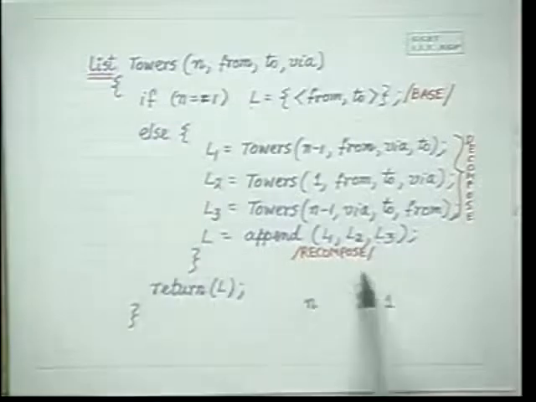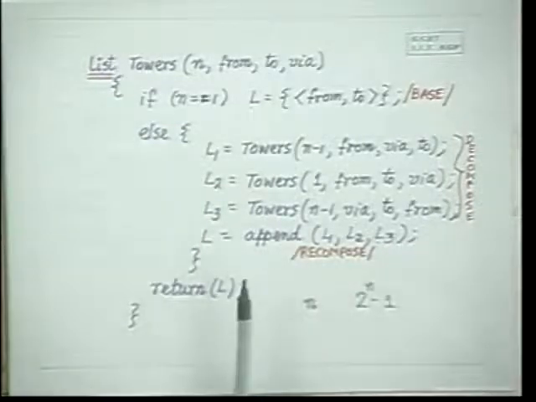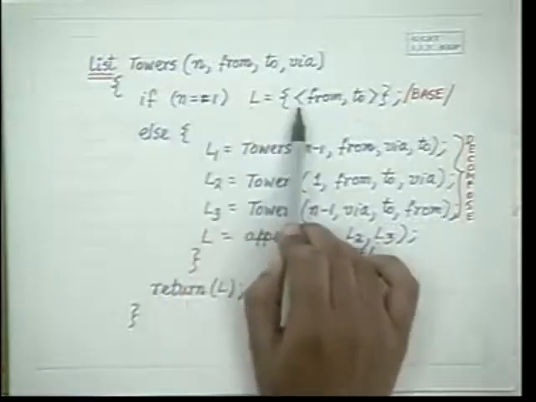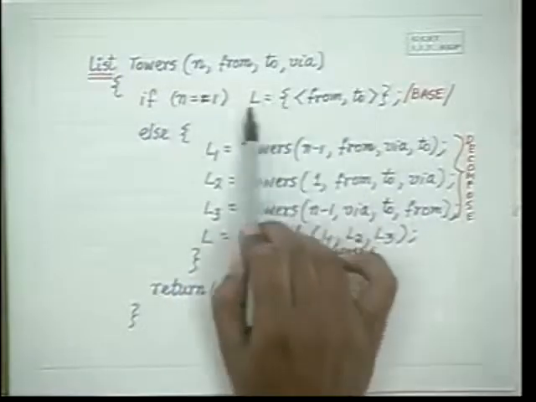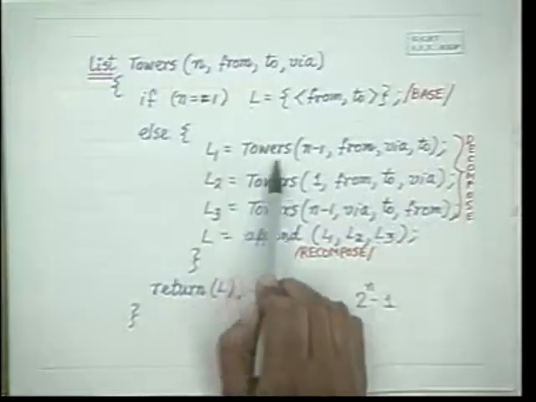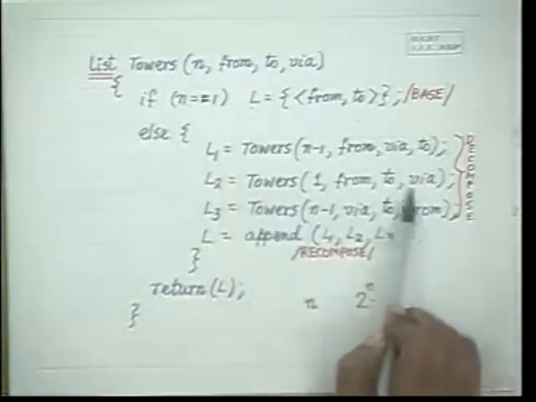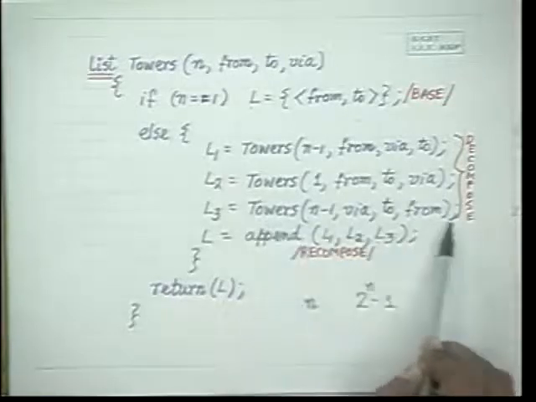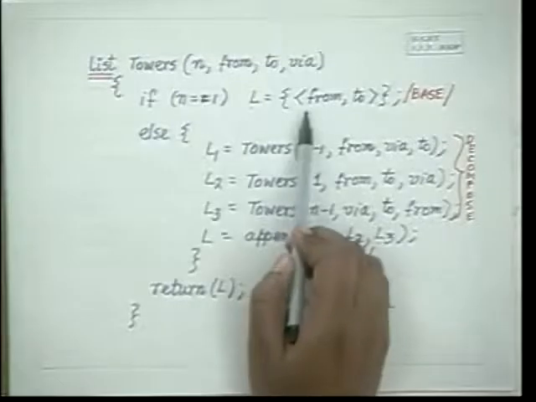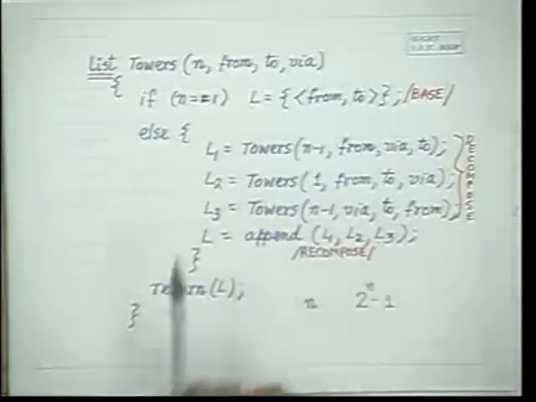I don't want to use an array of such a huge size, I just want the result to come on the screen. So if n is equal to 1, instead of L is equal to this, it will just print from 2. Otherwise, it will recursively call this one, recursively call this one, and recursively call this one. This append is no longer required because the solutions are printed from inside.